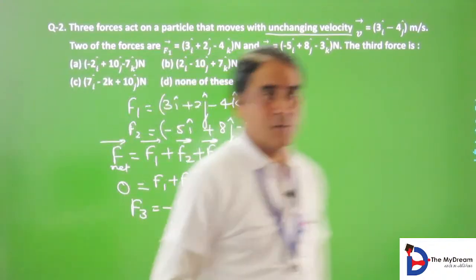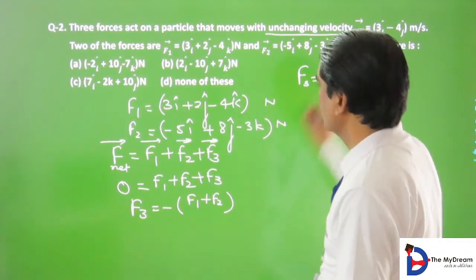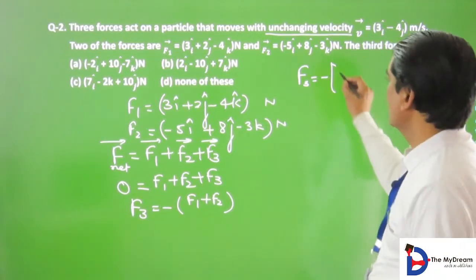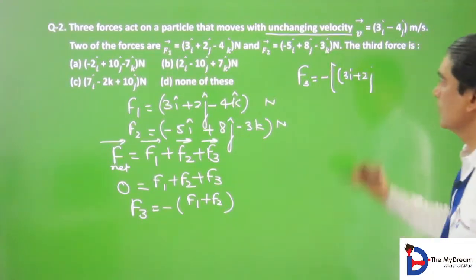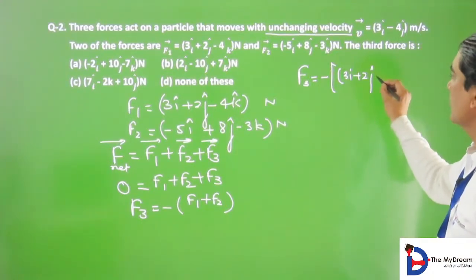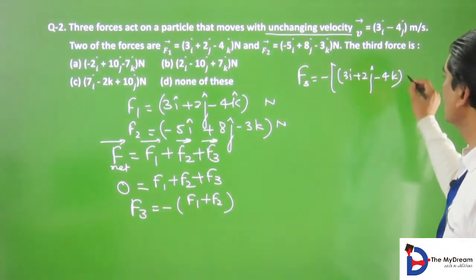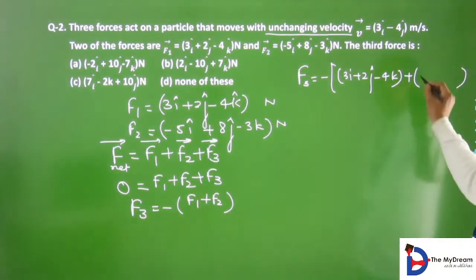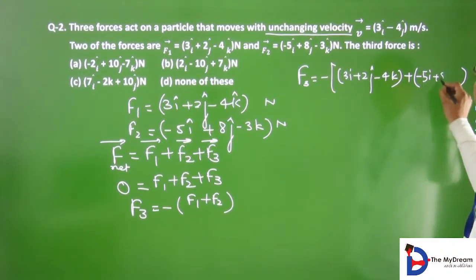Now F3 is equal to minus of bracket 3i plus 2j minus 4k bracket close, plus minus 5i plus 8j minus 3k.